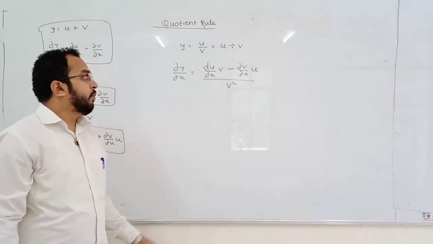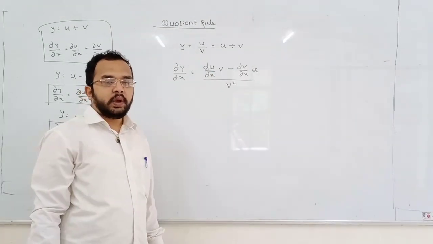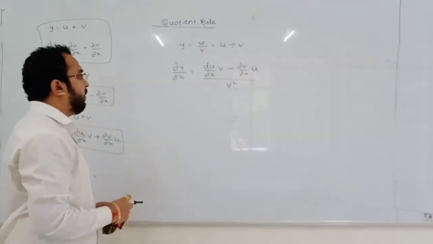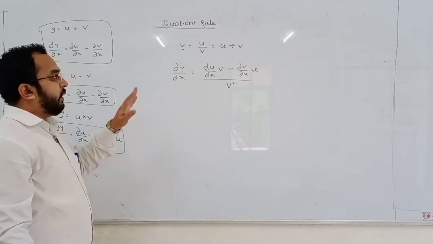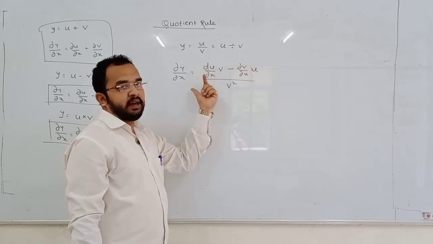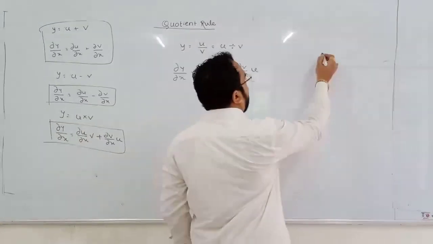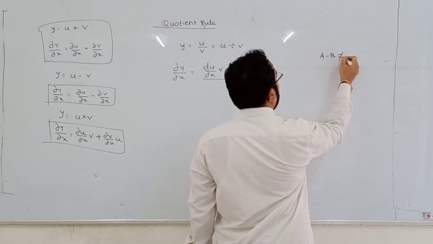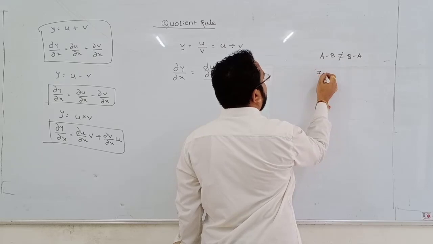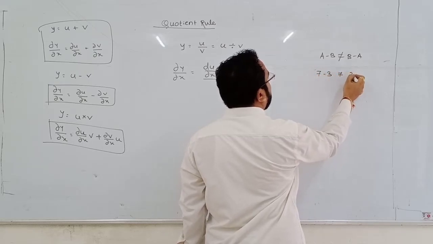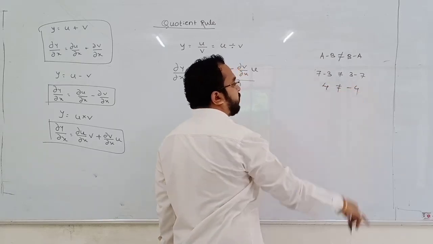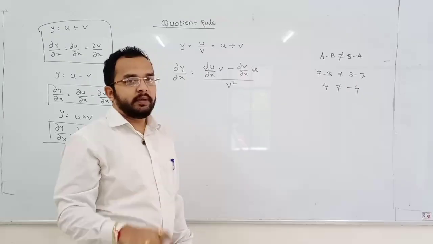Now did you understand why I differentiated the first term initially? Remember it easily, because here you can't write this term here and this term on this side. Why? Because a minus b is not equal to b minus a. Like say 7 minus 3 is not equal to 3 minus 7. 7 minus 3 is 4 and 3 minus 7 is minus 4, and 4 and minus 4 are not equal.